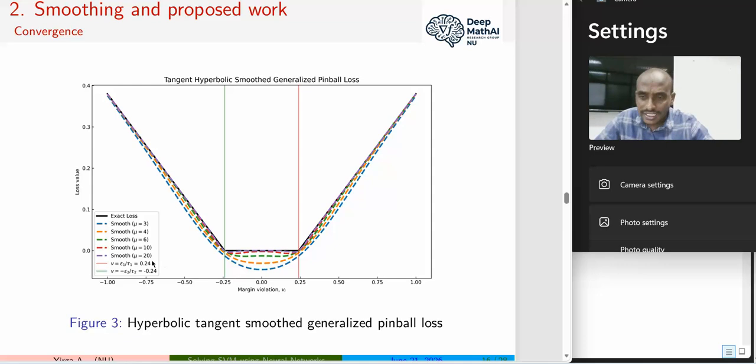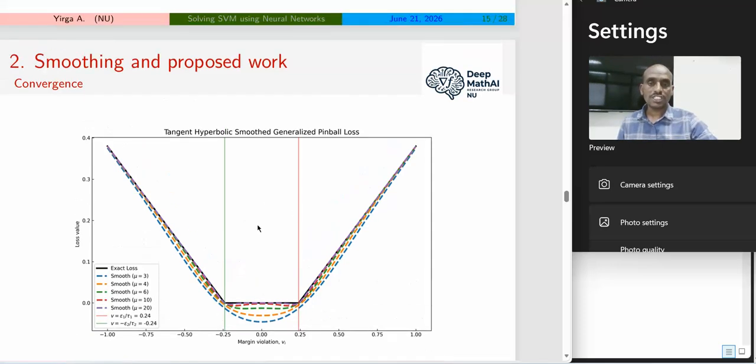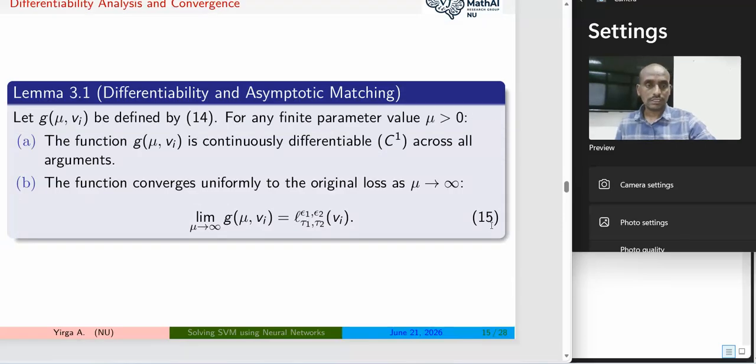As mu becomes smaller, the approximated generalized pinball loss goes far away from the standard generalized pinball loss. But if we let the smoothing parameter mu be bigger, it converges to the standard generalized pinball loss. So this image supports the relation given by 15 in this theorem.